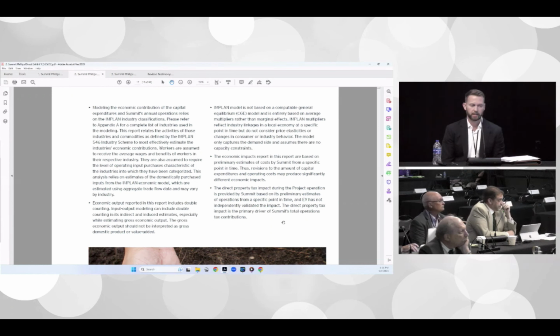So the property tax amount that we were provided by Summit, we understand KPMG had estimated.